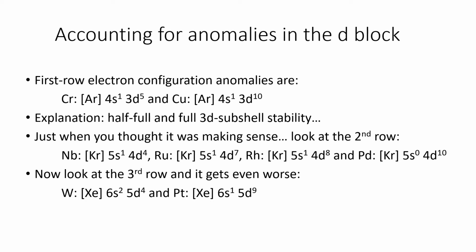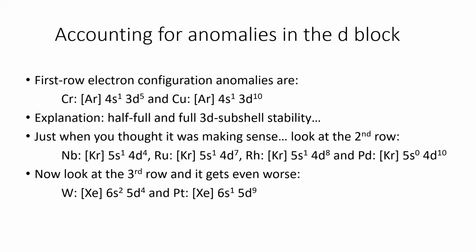Then platinum is 6s1 5d9, which doesn't fit any trend. In the nickel, palladium, platinum group, all three are inconsistent, going from 2s electrons to 0s electrons to 1s electron in the valence shell. So we're really struggling to make sense of this. A bit of a setback looking at the second and third row of the d block.